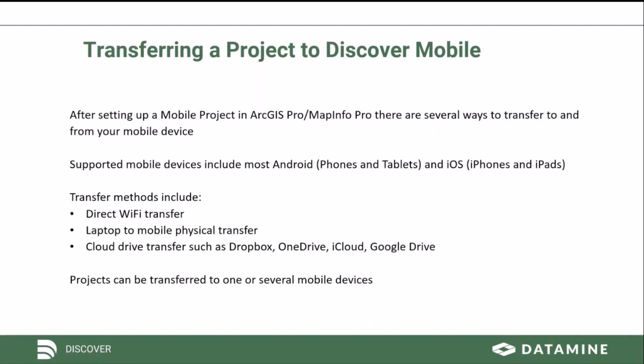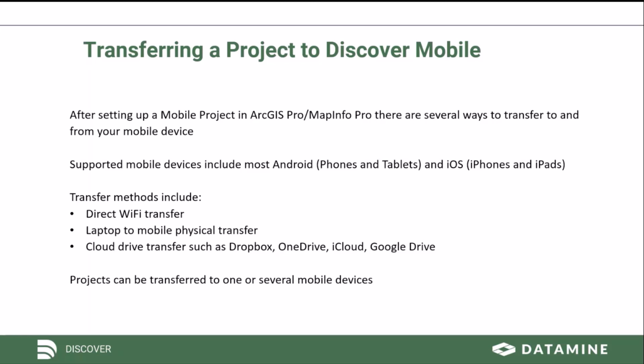Okay, I'll show you how to transfer a project in a sec. But essentially, after setting up your mobile project in ArcGIS or MapInfo, there are several ways you can go back and forth. We support both Android and iOS devices, so your phones and tablets, or your iPhones and iPads.